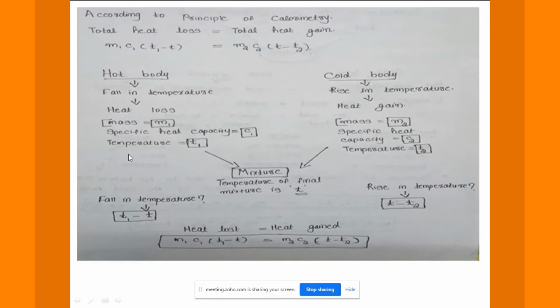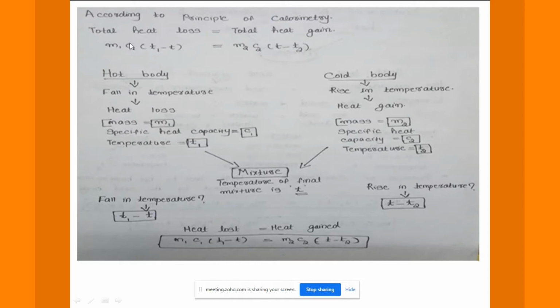You can write m, specific heat capacity, and delta t for the hot substance in one column, and in the second column you can write the cold body, specifying the mass, specific heat capacity, and temperature. That way you can easily get m1c1 and delta t for the hot body, and m2c2 delta t for the cold body, and substitute them into the formula.